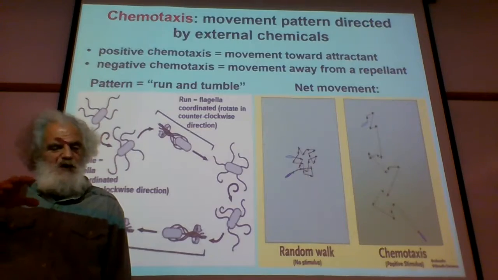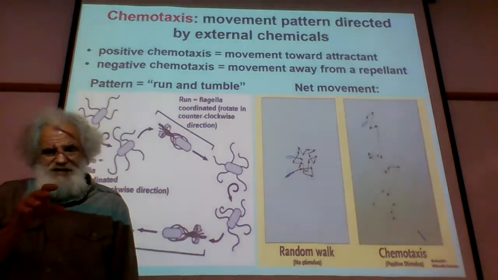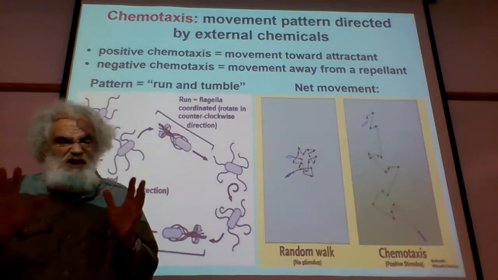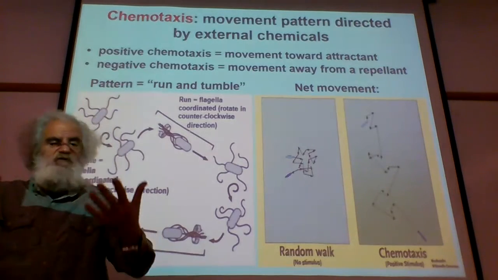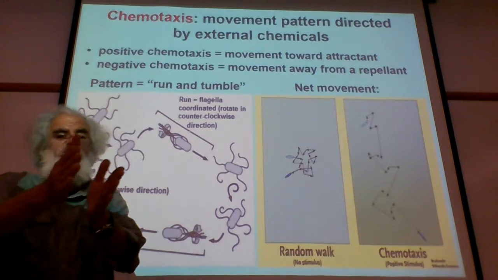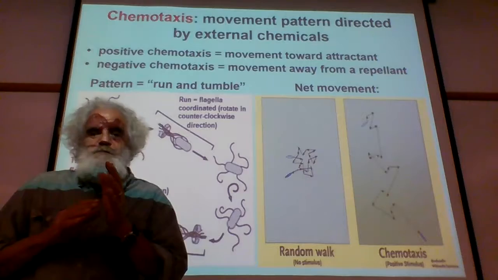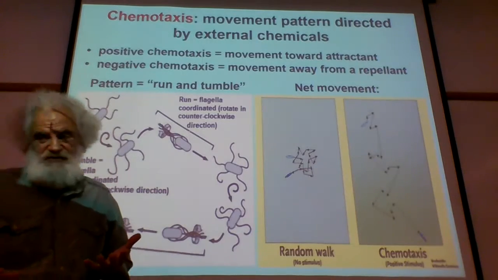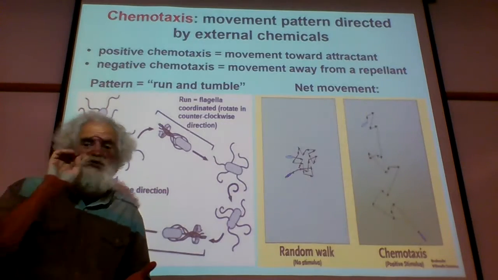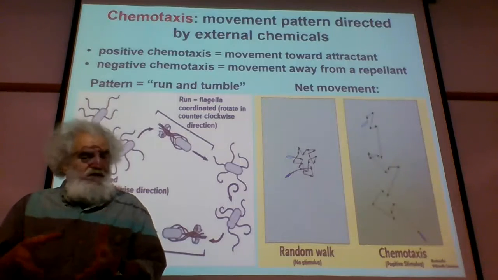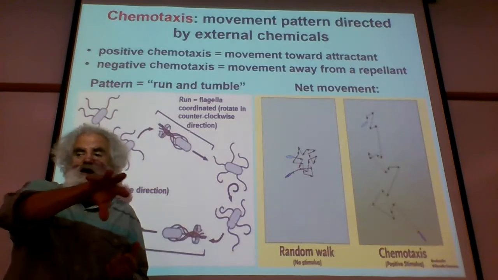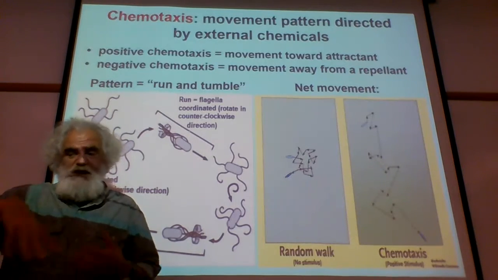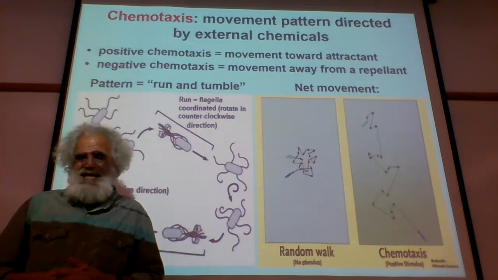And this is a way the bacteria can, in a sense, sniff out a food source and begin moving towards it. And so we have positive chemotaxis, which is where you move towards an attractant. And then there can be things like negative chemotaxis, where it moves away from something that is essentially a repellent.